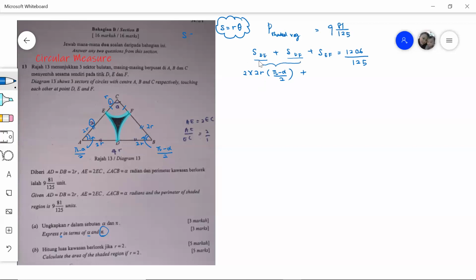And arc EF will be the radius times theta. The radius is R, the theta is alpha. So it equals 1,206 over 125. We can simplify this 2 and 2 and open up the bracket.